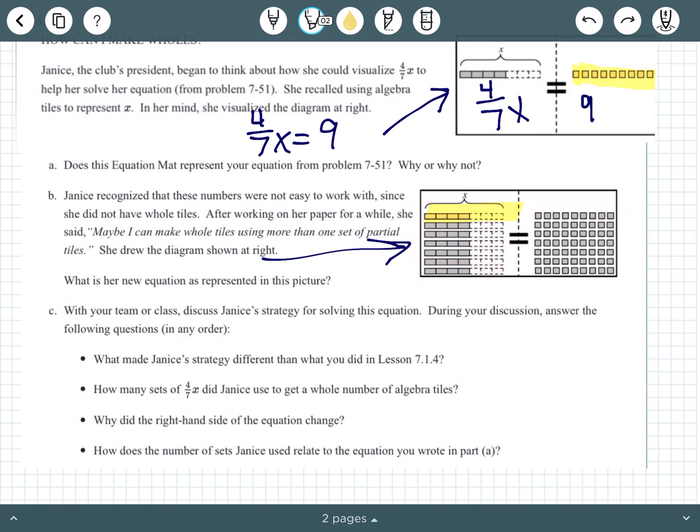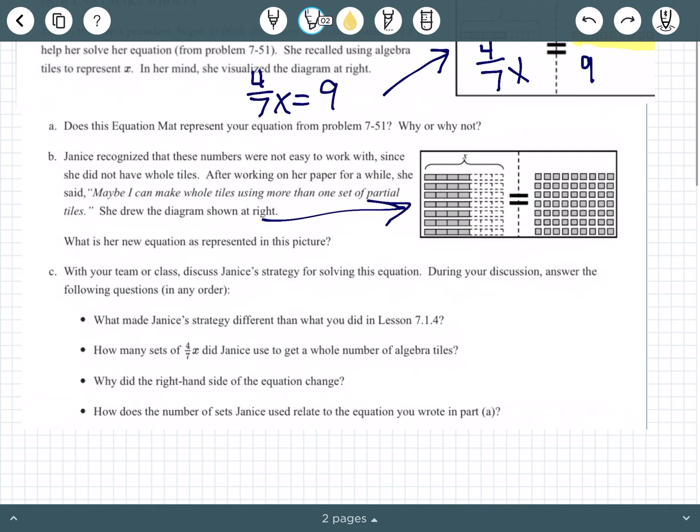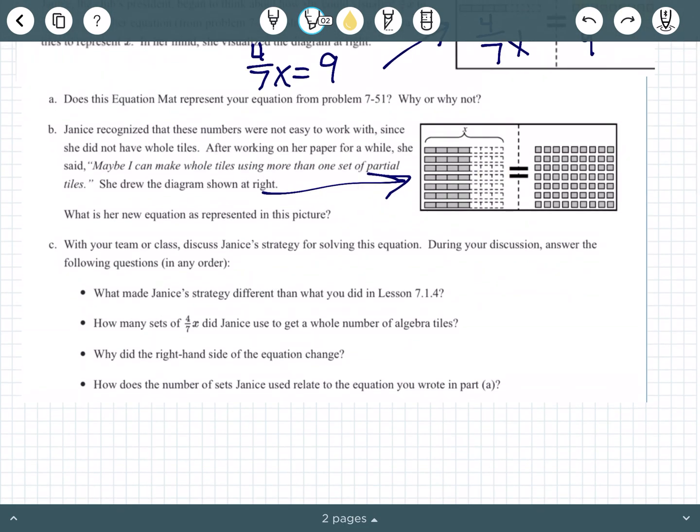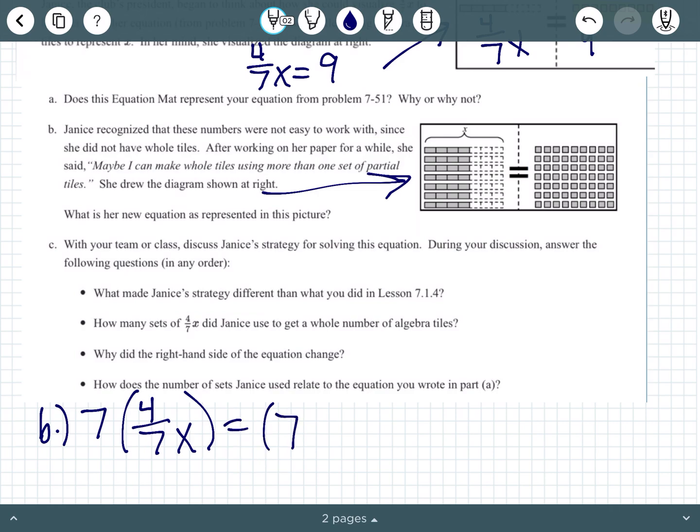So what we need to do is write her new equation that she has represented in this diagram. So it looks like she has 7 groups of that 4/7 x on the left side, and on the right side it looks like she has 7 groups of 9.